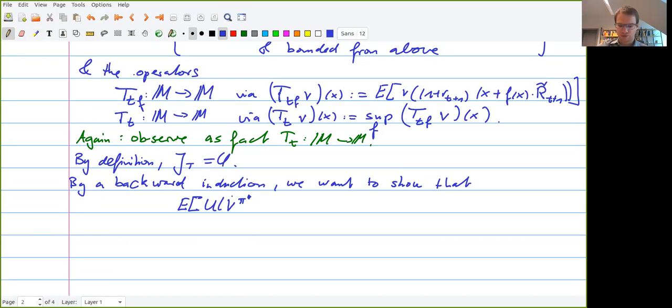This is the P star we just showed exists, or we just defined, given that this P star starts with the capital X at time t, is equal to our operator T_t of J_{t+1}(X).